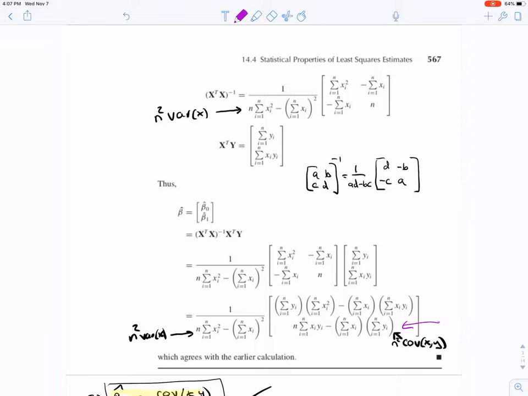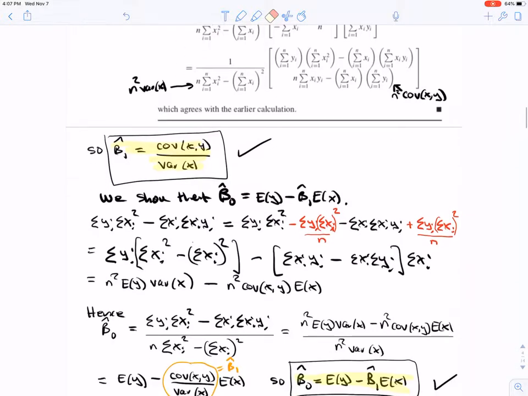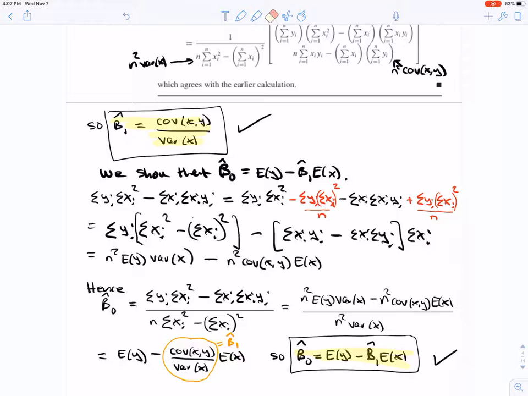So it's pretty easy to see that beta 1 hat is covariance of xy over variance of x. So that's fine. To show that beta 0 hat is expectation of y minus beta 1 hat expectation of x takes a little bit of work, where we have to do a little algebra trickery, but it's really pretty straightforward. So I'll let you read through this and there shouldn't be any problem.